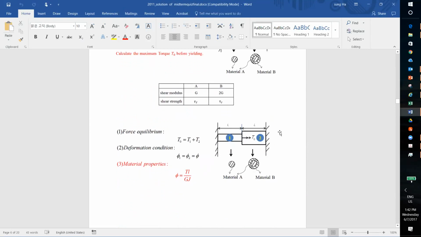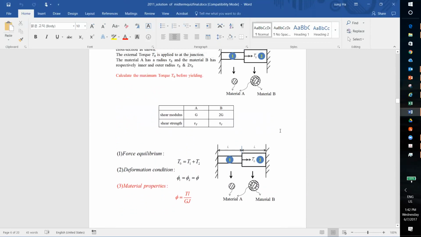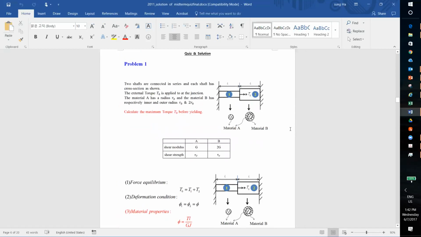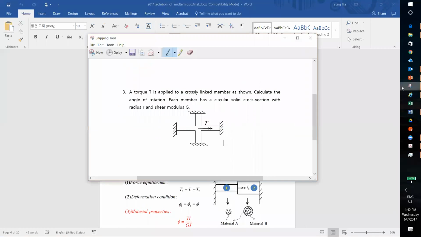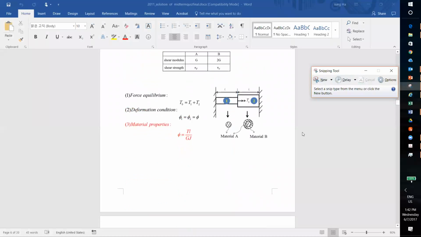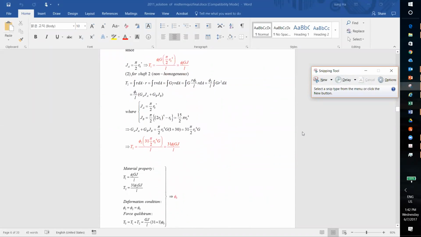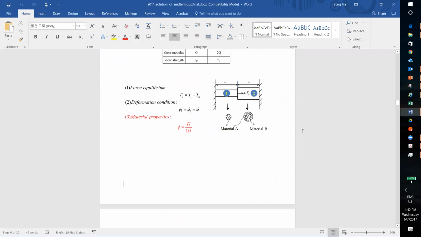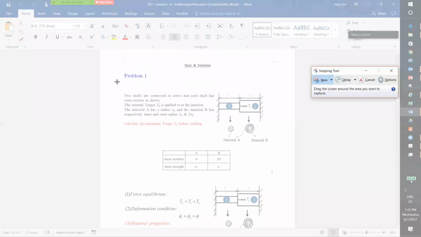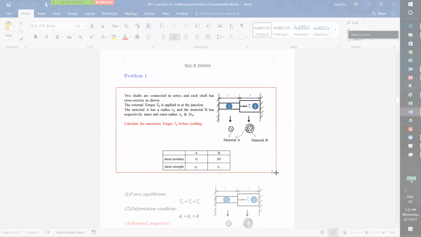This is a very good case for you to review and study with all the procedures. I'm not going to cover the solutions, but you can refer to them.